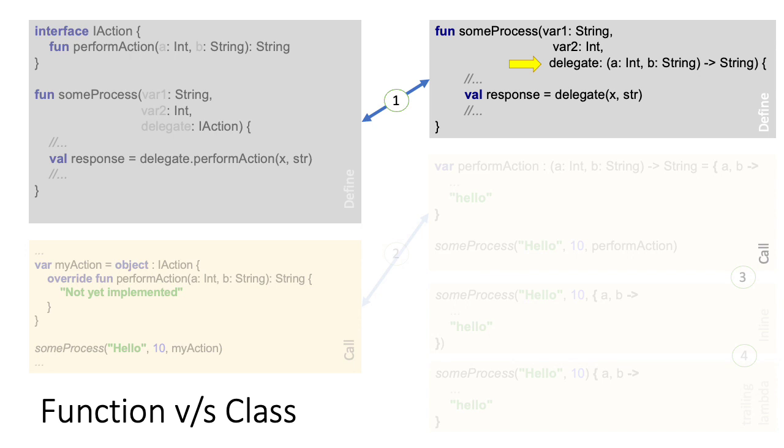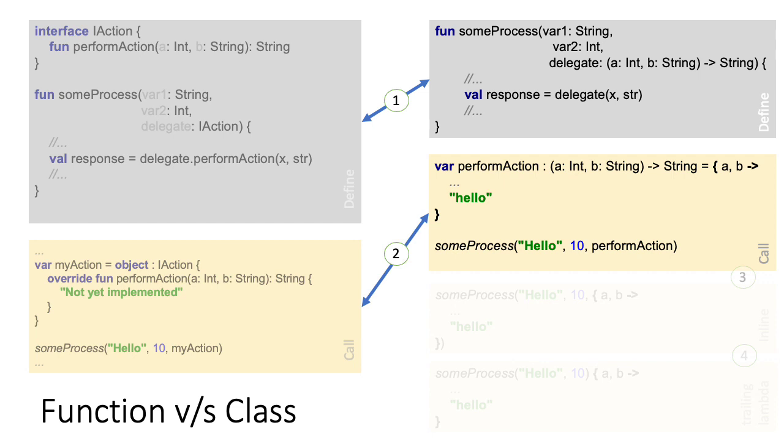However, if the API were to take a function as a parameter instead of an interface, the API itself would look a bit more concise. Compare the inline declaration of the delegate function with respect to the interface. The function will be more concise than the interface implementation.